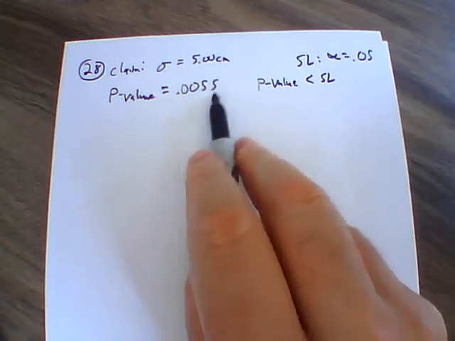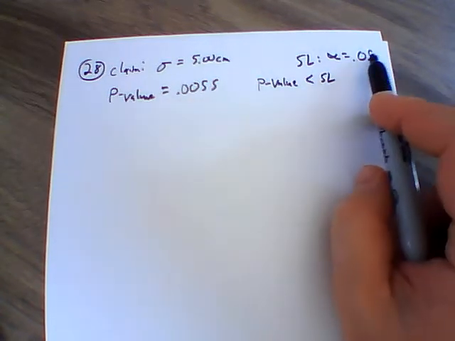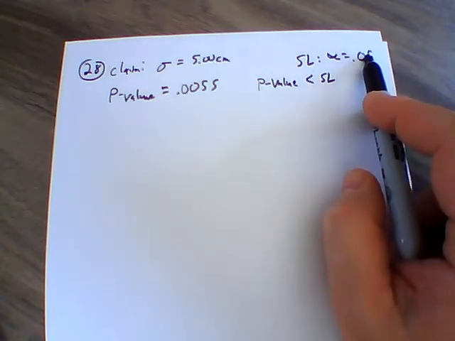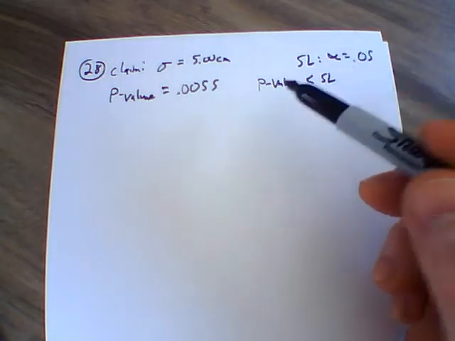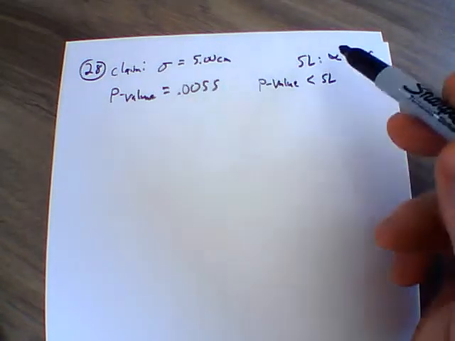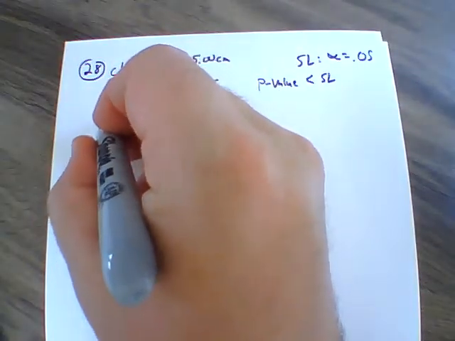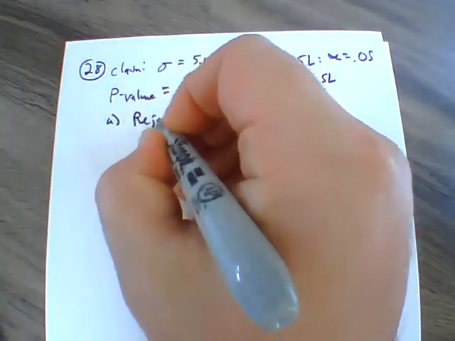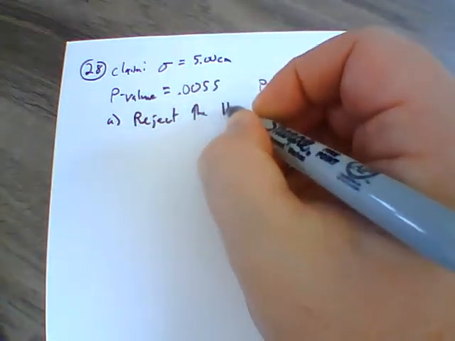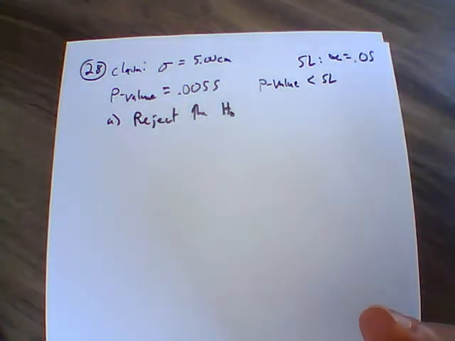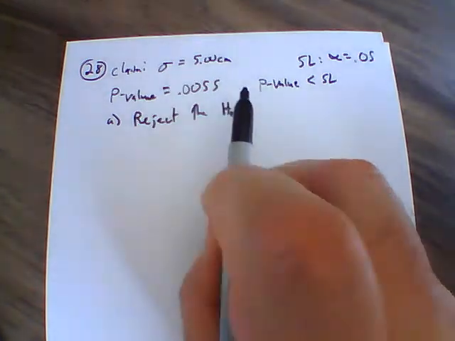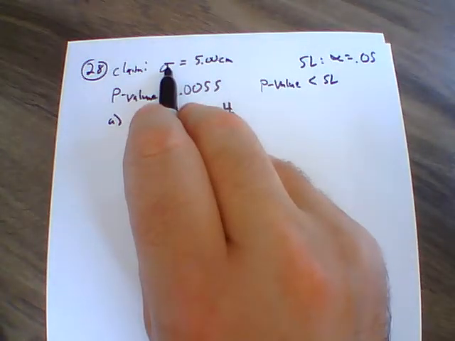So we're showing the area is actually smaller than our significance. So what we would state here is that, because we're in the critical area with our test, for part A, we will reject the null hypothesis. Remember, the null hypothesis would have been this right up here.